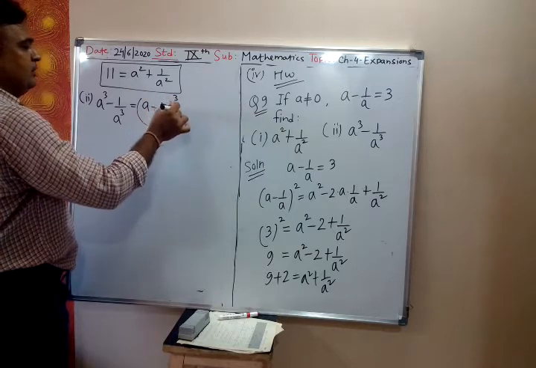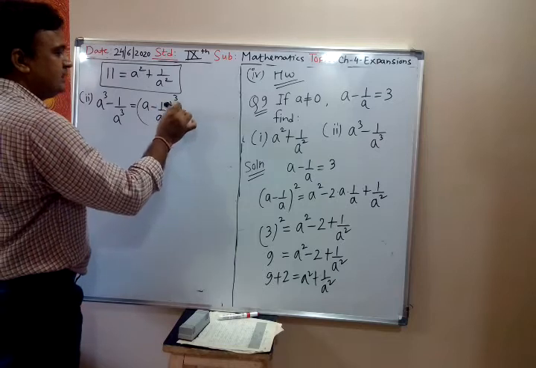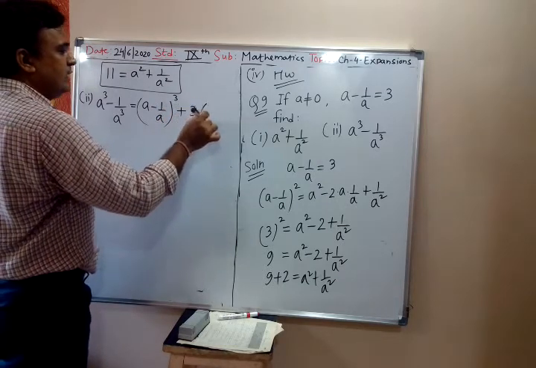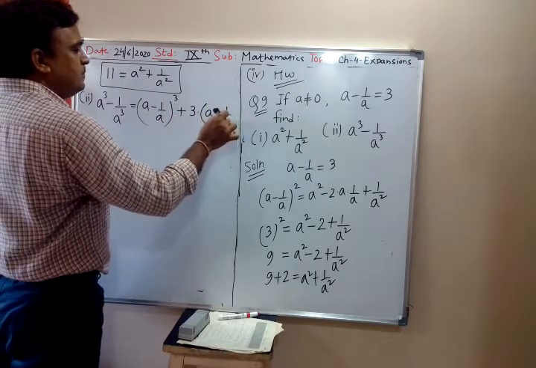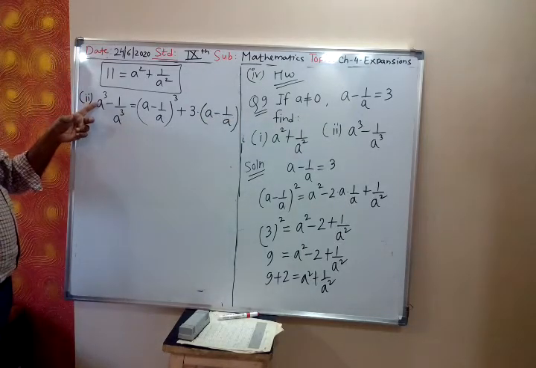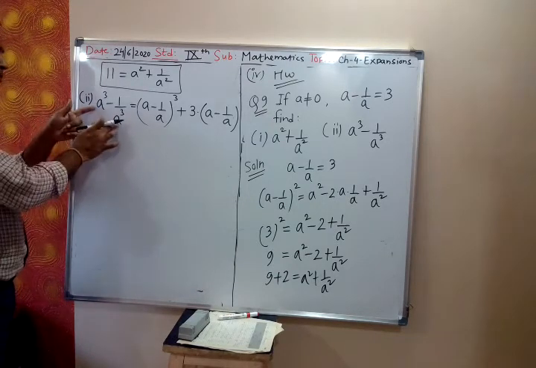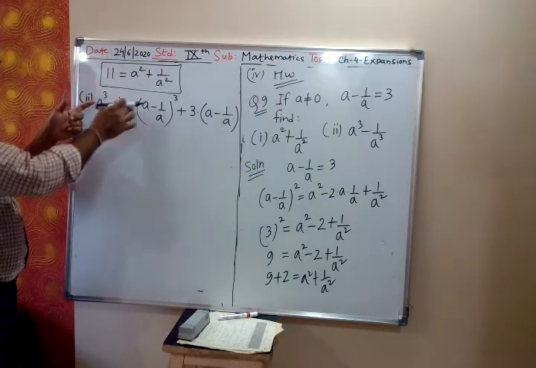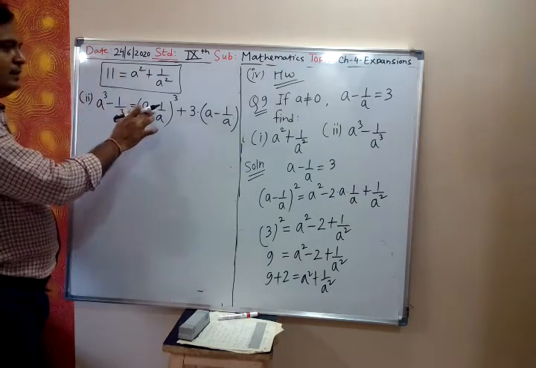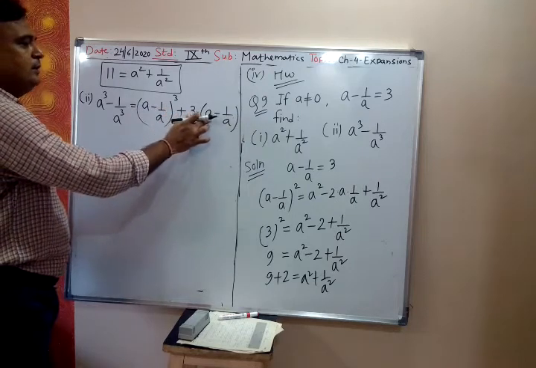Inside the bracket there is a minus sign, so outside we write plus, then 3 into A minus 1 upon A.